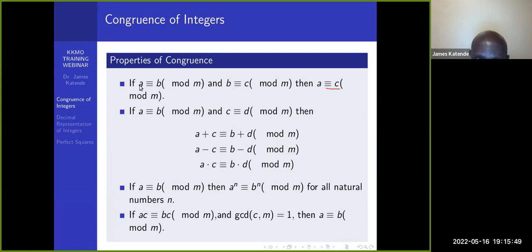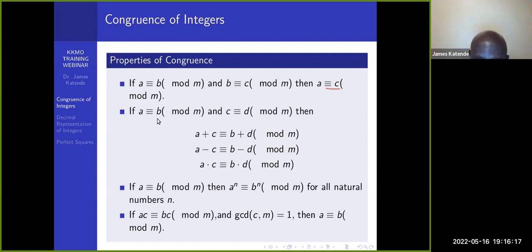A and C are different, but M is the same in both congruences. If we know these two statements to be true, then the third one will also be true. A will be congruent to C modulo M. The assumption here is that A, B, C, and M are integers, and M is a positive integer.